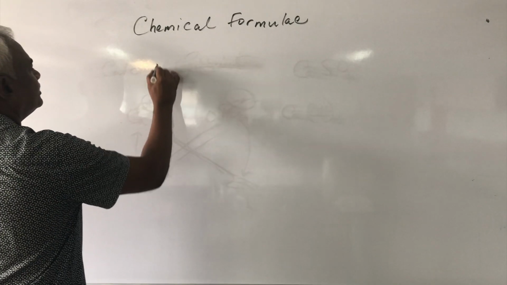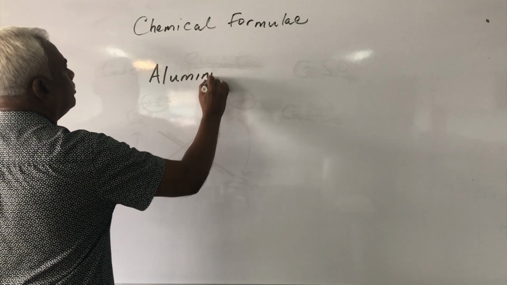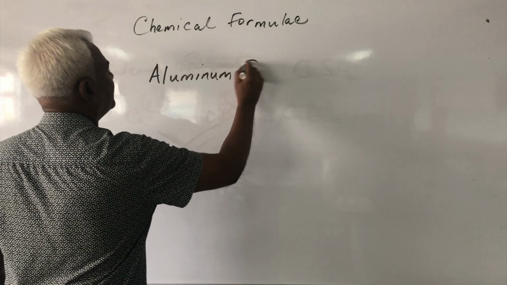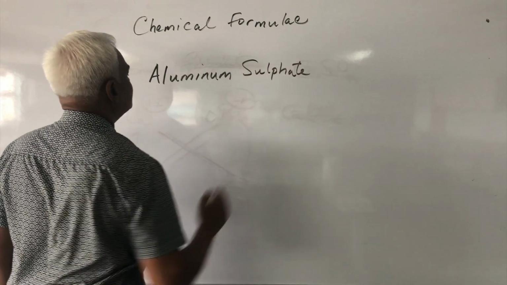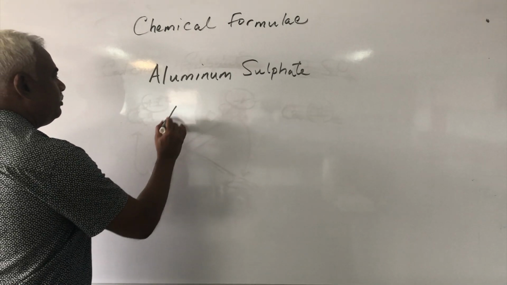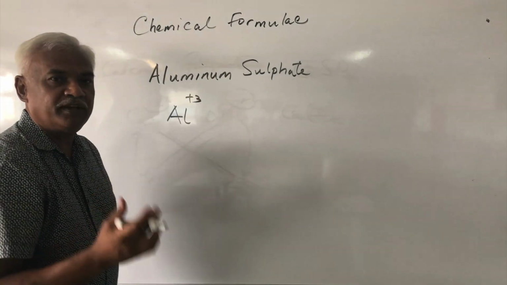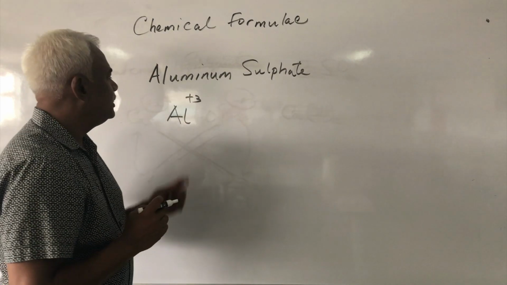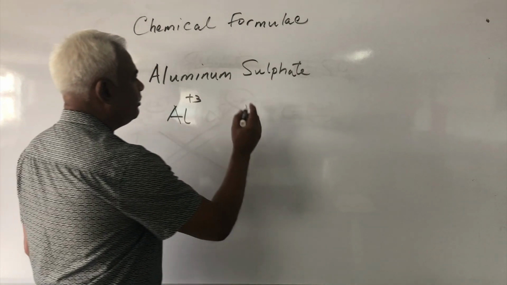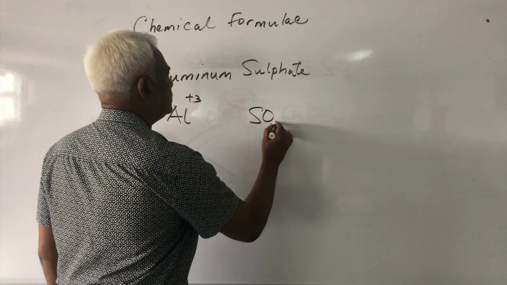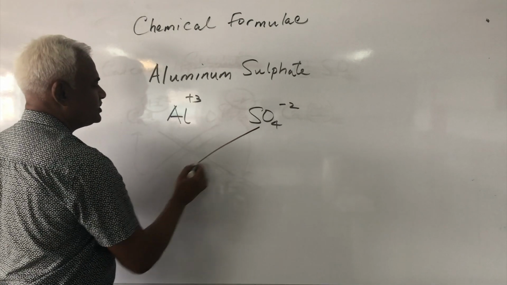Let's look at aluminum sulfate. Aluminum is Al +3, and as I said, over time you'll want to learn the charges on your cations and anions. Aluminum sulfate. The rule, cross.